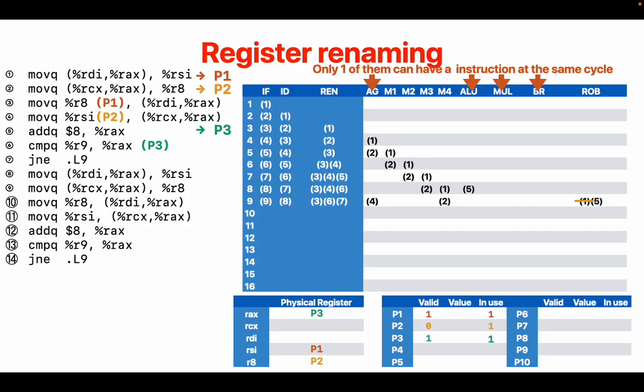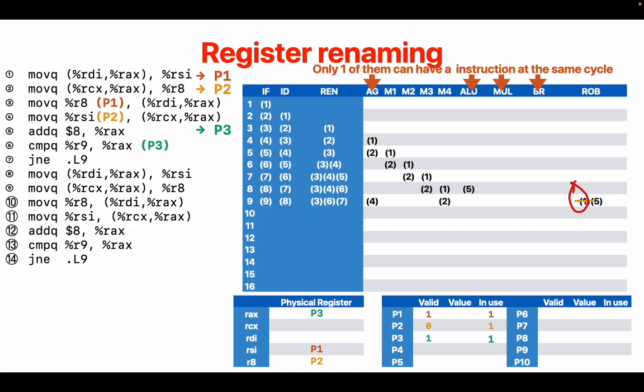And now after that, right, at this moment, when I get 1 ready, my logic can also check if there is any instruction before 1 having trouble. No, right? So I can retire instruction 1 safely, right?